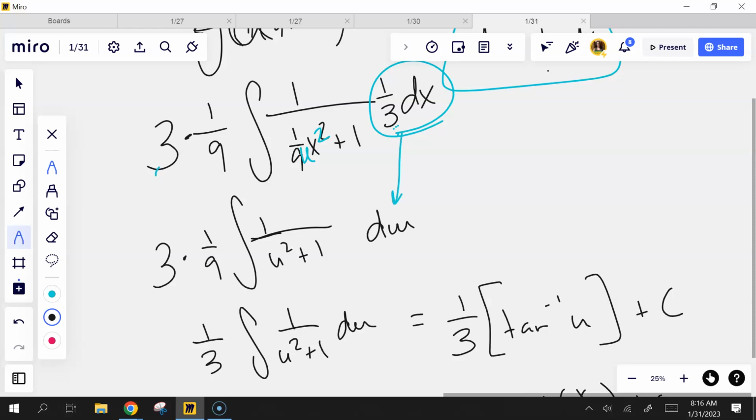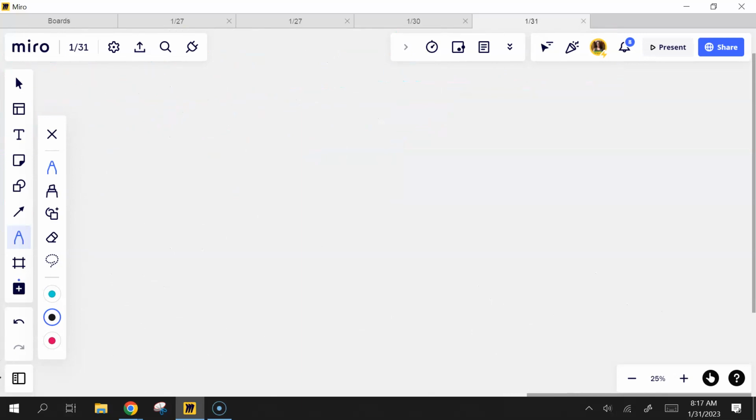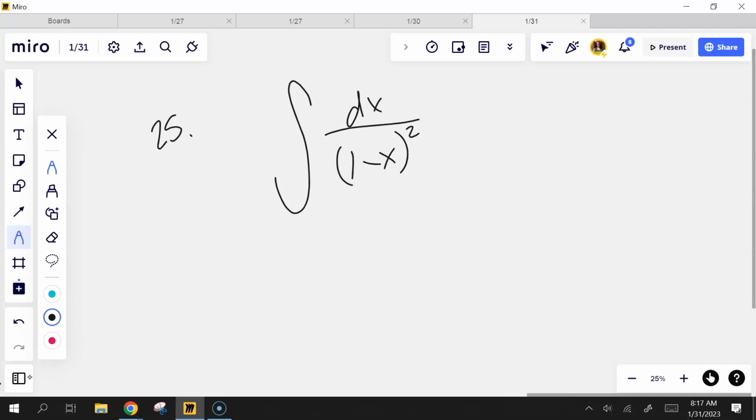What else on your homework? 25. All right, I got dx over 1 minus x squared.